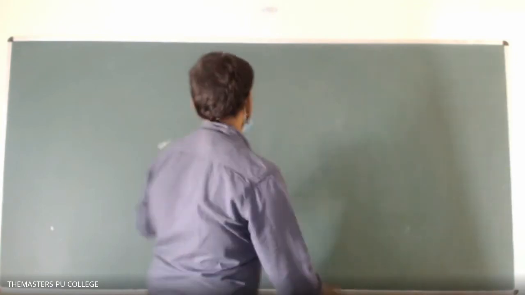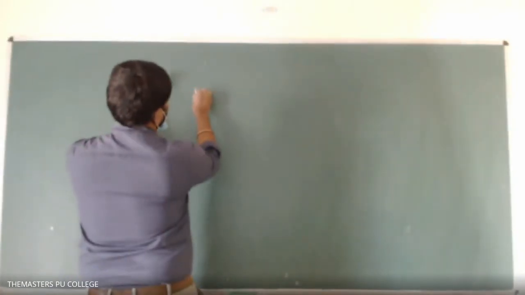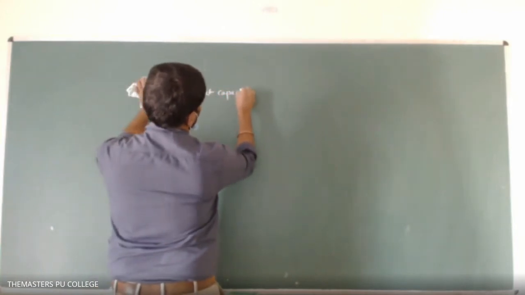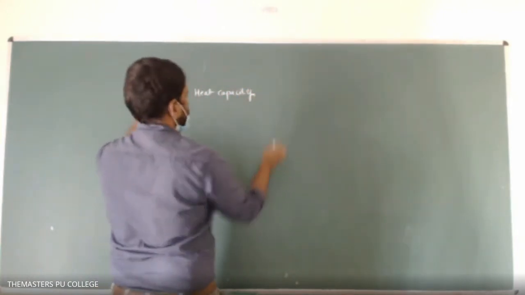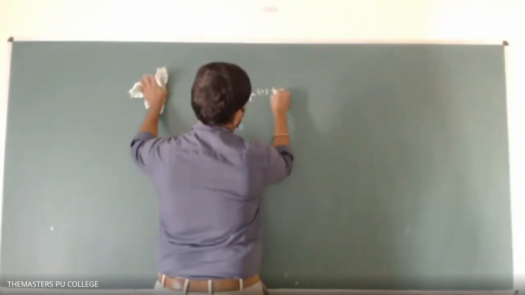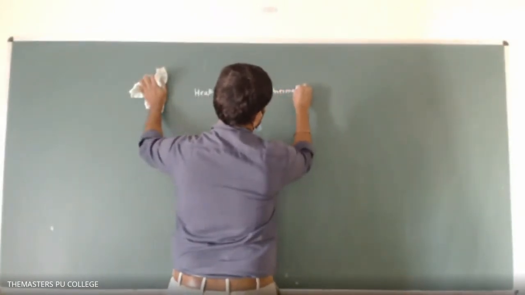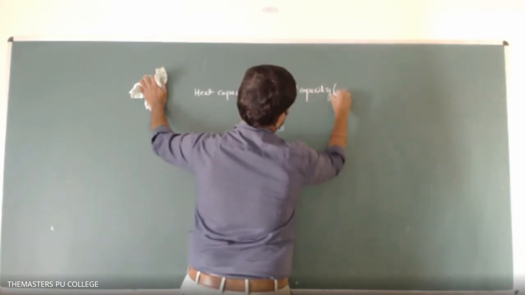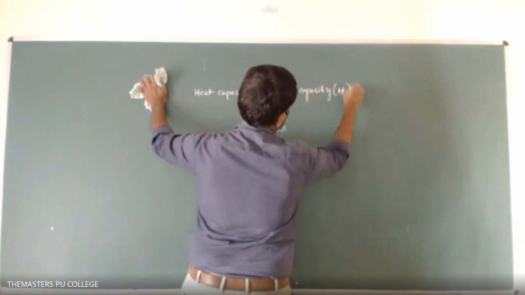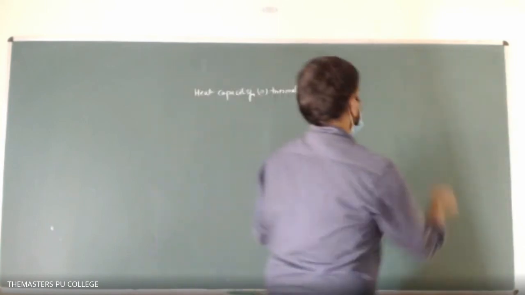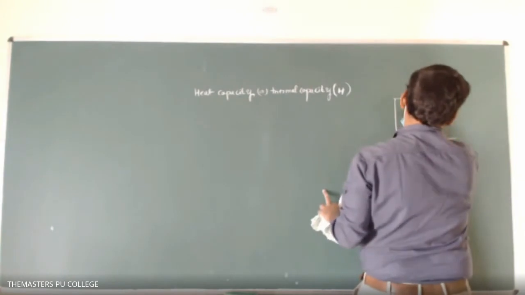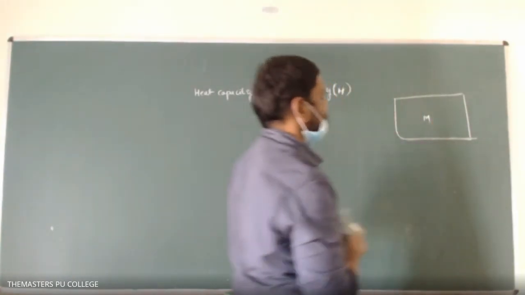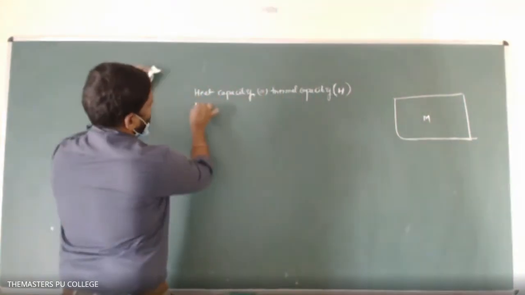Next one is heat capacity, or thermal capacity. It is represented by the letter H. Suppose we have a large block of mass m of a certain substance. How can I define the heat capacity?